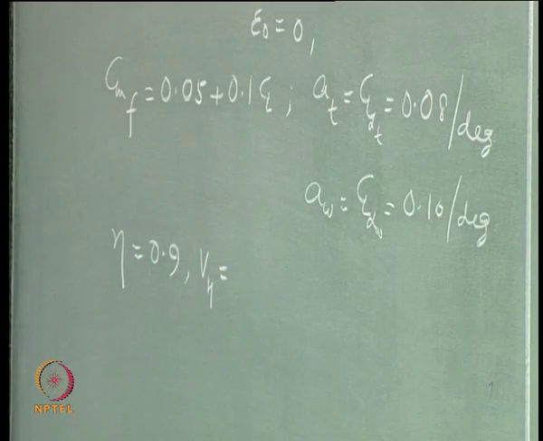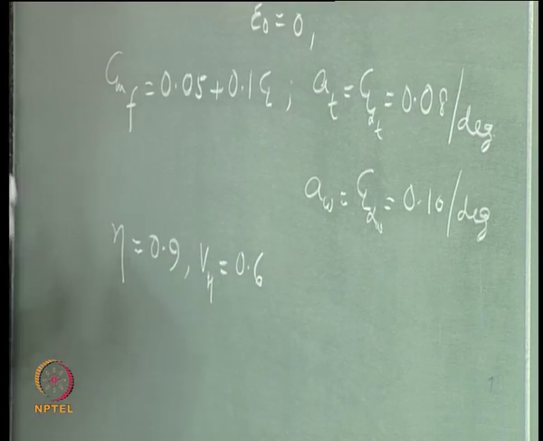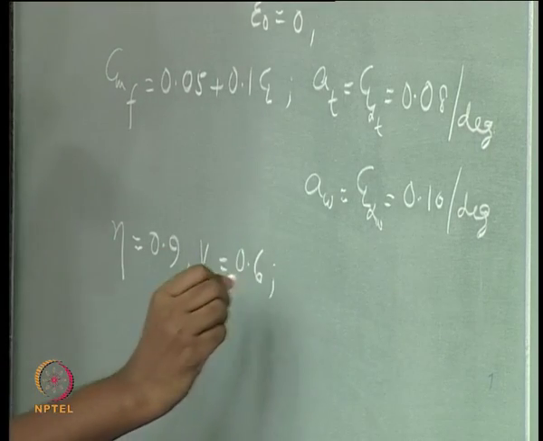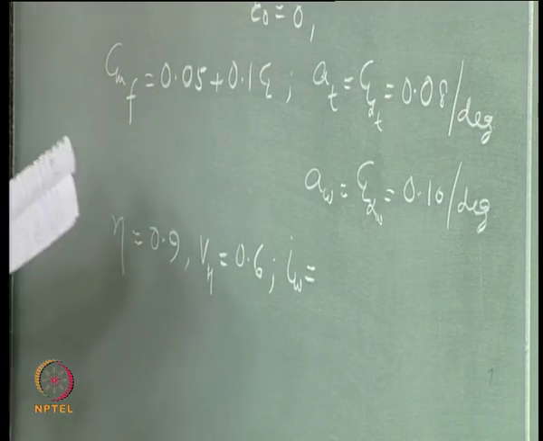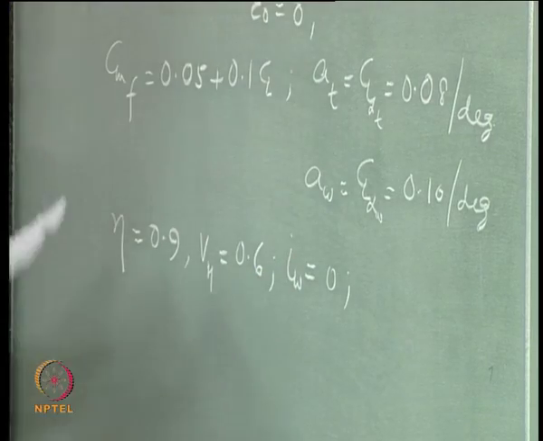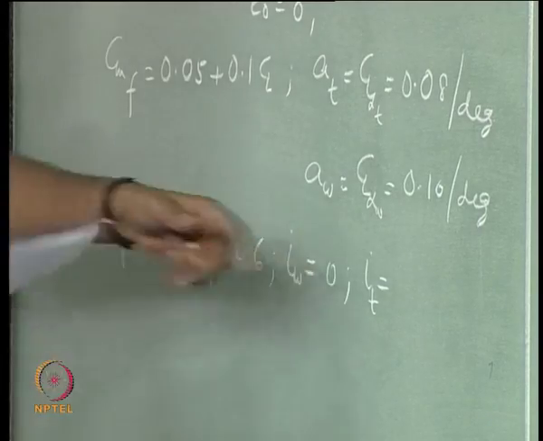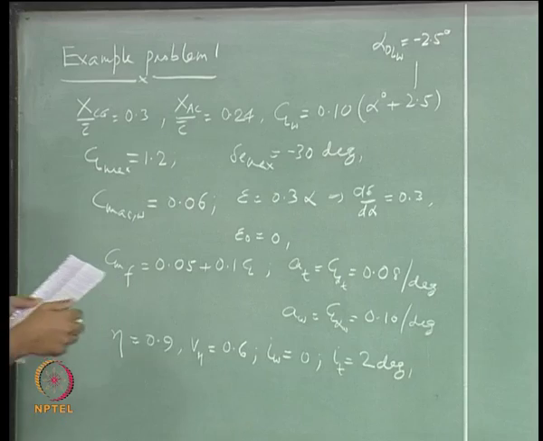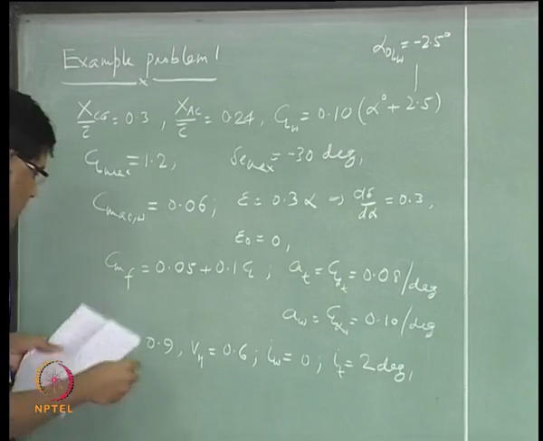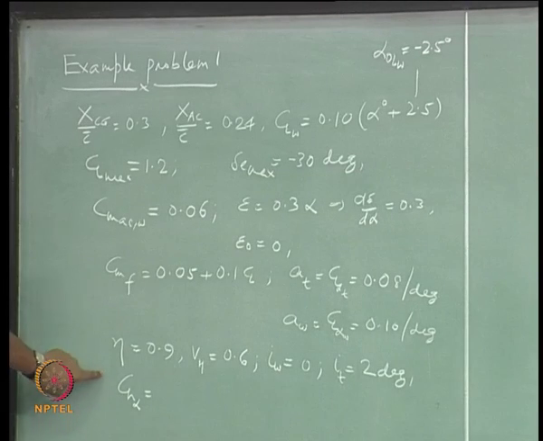VH is the tail volume ratio. Wing incidence angle with respect to the fuselage reference line is 0. Tail incidence angle is given as, this is related to the hinge, right.